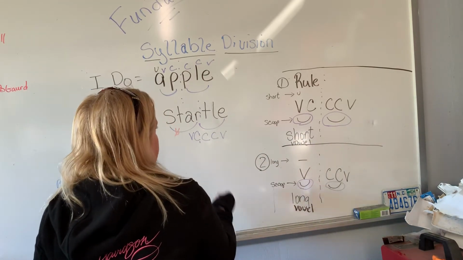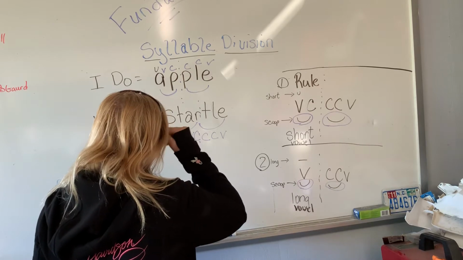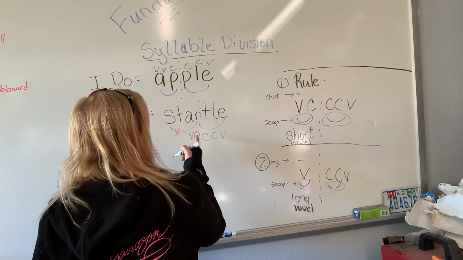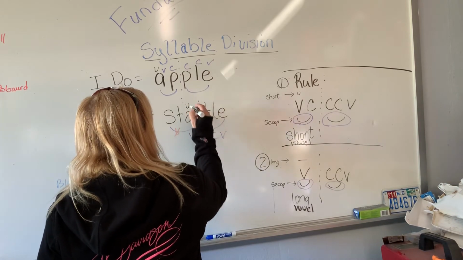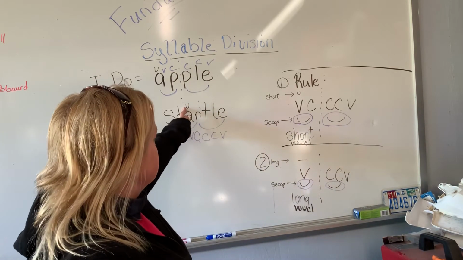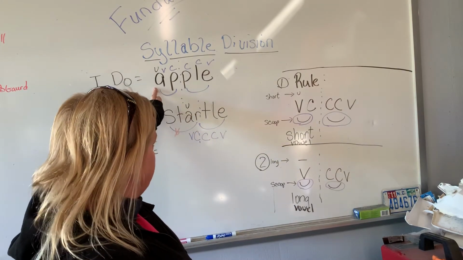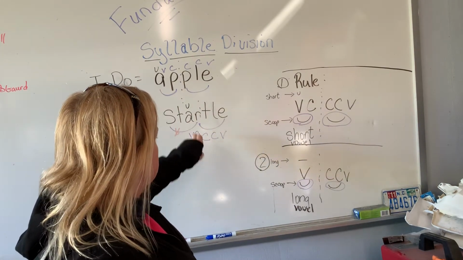So it would follow my rule for my first one. So it's going to be a short. So I put my short symbol up above my A, like I do for my apple. Okay.